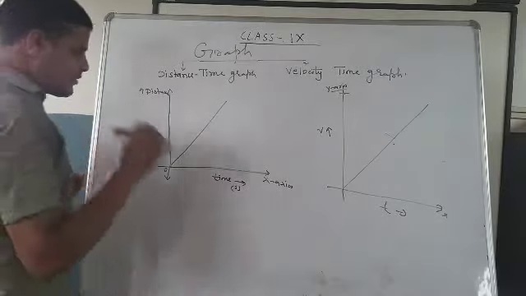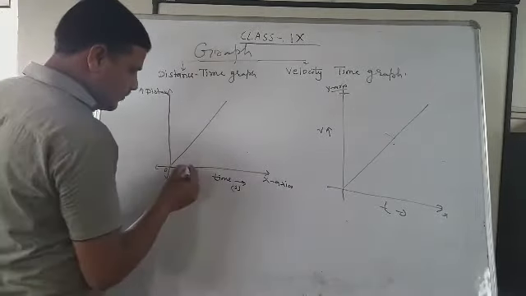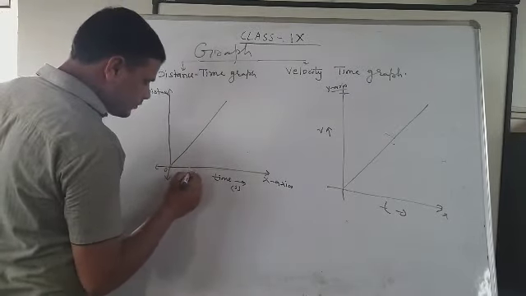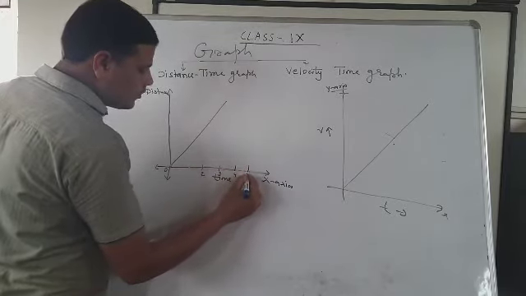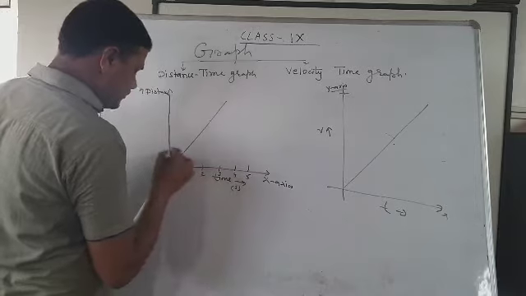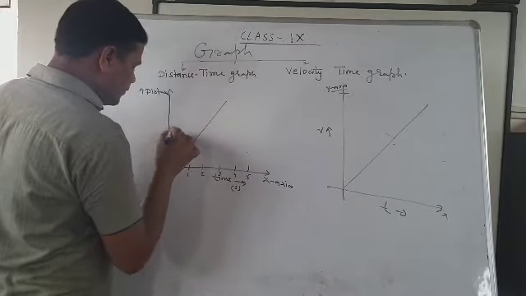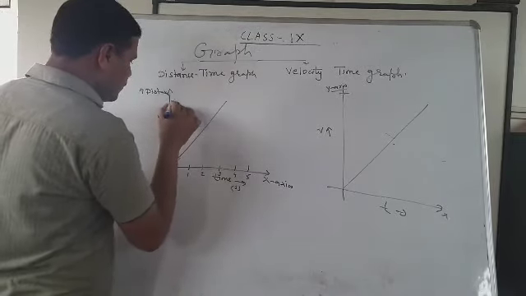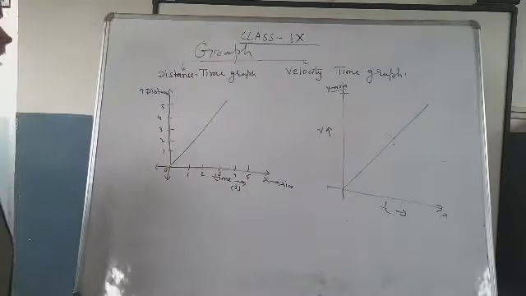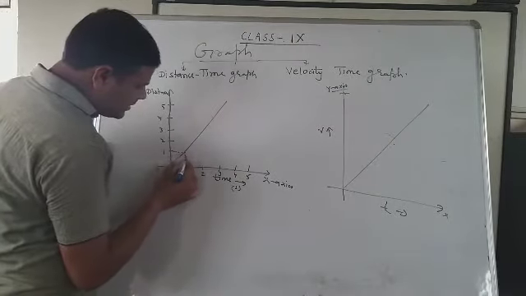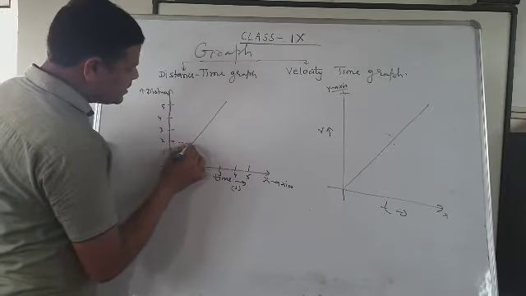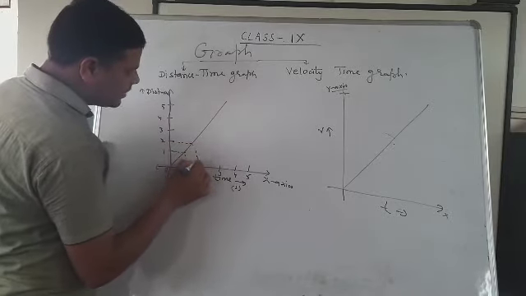In this case, distance by time, suppose we are taking 1, 2, 3, 4, 5 here and 1, 2, 3, 4, 5 here. What you can see here is the same distance in the same interval of time, the same distance in the same interval of time.